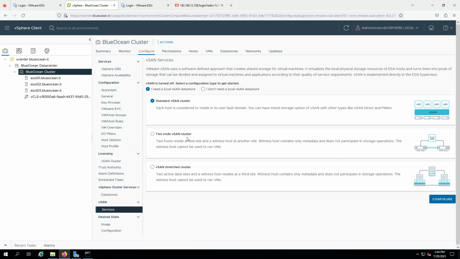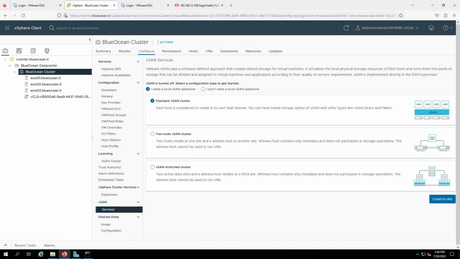I can deploy a two node vSAN cluster, and so my witness VM, I can host the witness VM in VMware Workstation, other things. So I have a two node, because basically you should have at least three nodes for a vSAN cluster. Two for the data, and one will be for the witness. Okay. So I will deploy a standard vSAN cluster.